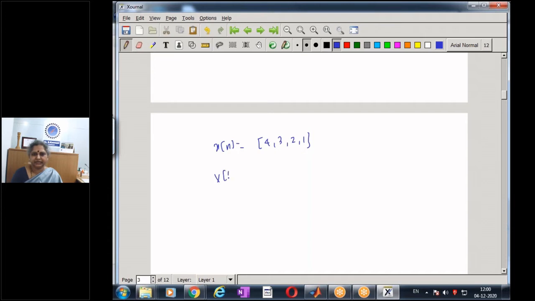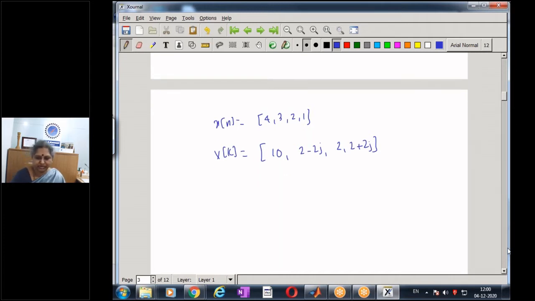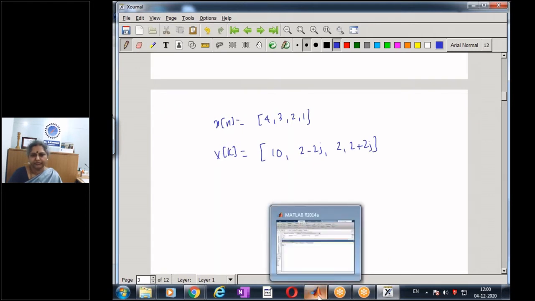And we know that we had computed the 4-point DFT of this sequence, and we got the result as 10, 2 minus 2j, 2, 2 plus 2j. Now what if I try to compute this x of k for larger values of k? So let's take the help of MATLAB.